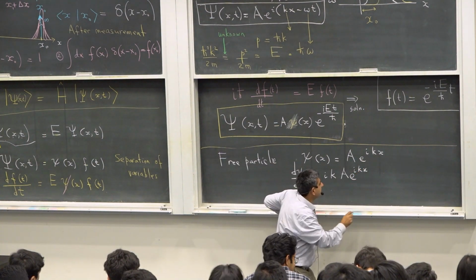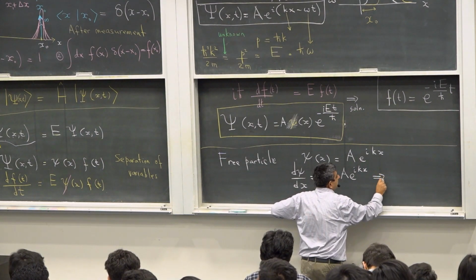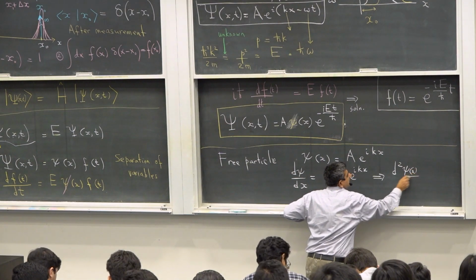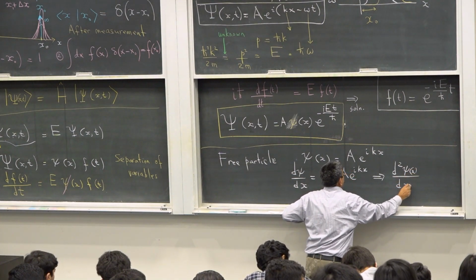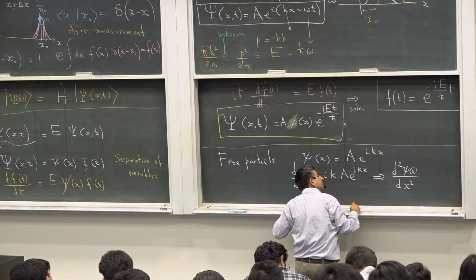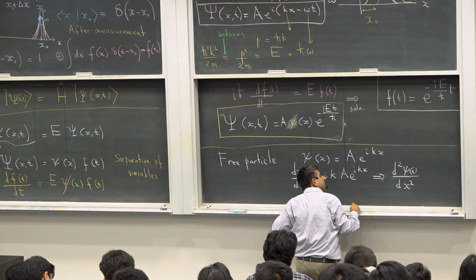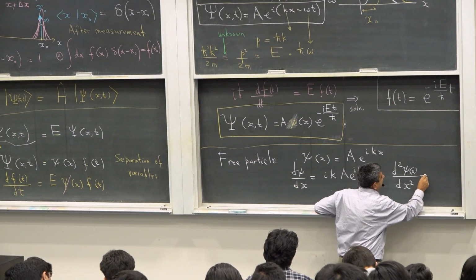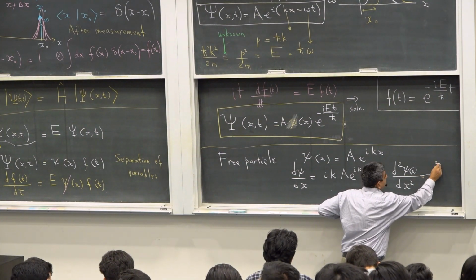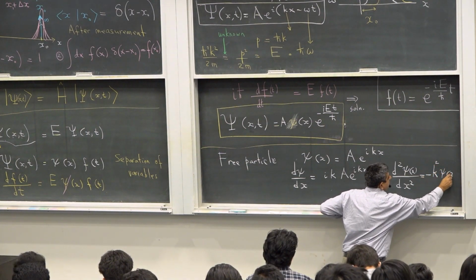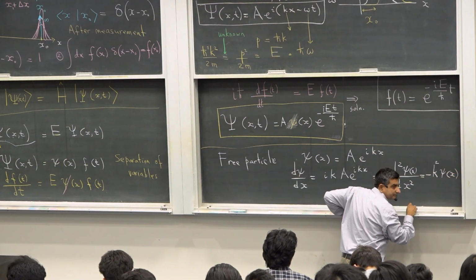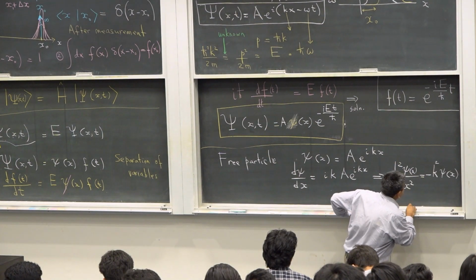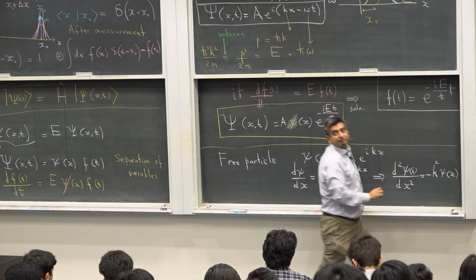If I take the derivative again of this, d square psi dx square, what do I get? i square k square, minus k square psi of x.